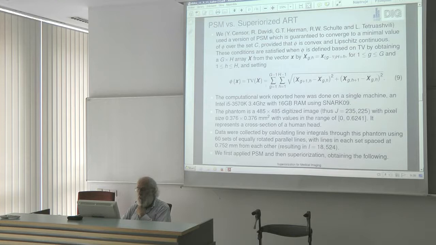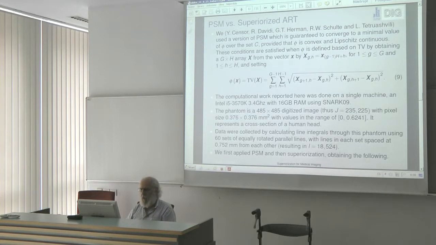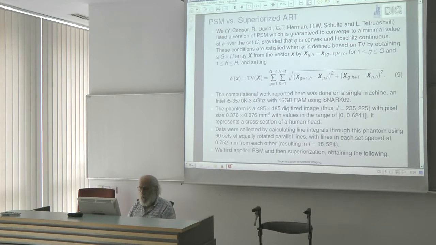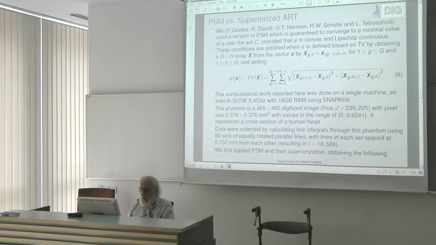You take the square root and you sum this over all pixels. That's the digital total variation, and this is used, as I said, you look it up. In the image processing literature lately, total variation minimization is a very, very often occurring possibility.